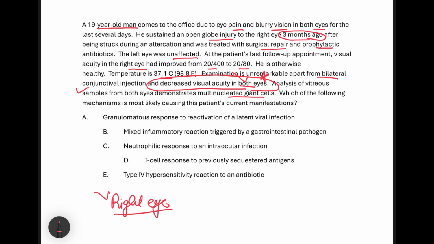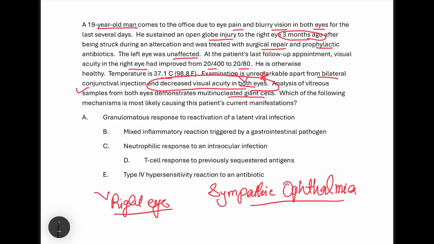That condition is known as sympathetic ophthalmia, in which there is inflammation in both eyes, injured and not injured. This occurs when there is a robust T-cell response to previously sequestered antigen in the eye, an area that displays immune privilege.